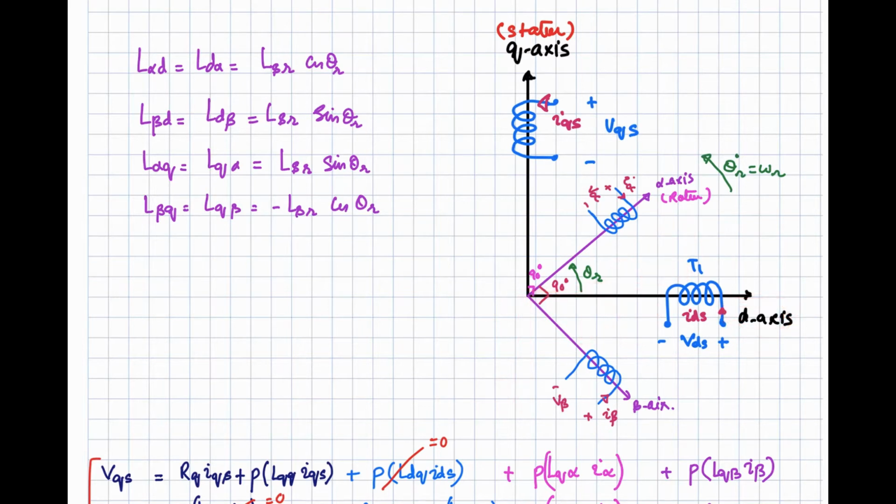But as this alpha winding moves away from the d axis winding, the flux linkage will be reduced, and once the alpha winding reaches over here, where the beta axis is aligned with the d axis, the flux linking from here to here is going to be zero. It means you have the maximum flux linkage when the alpha axis winding is at this position.